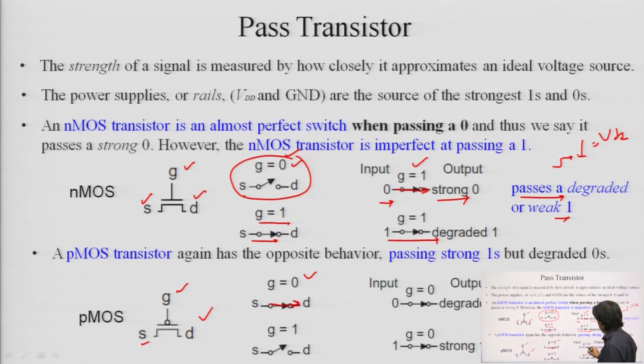So, here you can see you have a 0 and it will give you a degraded 0, meaning the magnitude is toward the 0. So, it passes a degraded weak 0. This condition is also the same as the previous one that I have shown. So, you can see that this kind will have a weak 1 and this one has a weak 0.